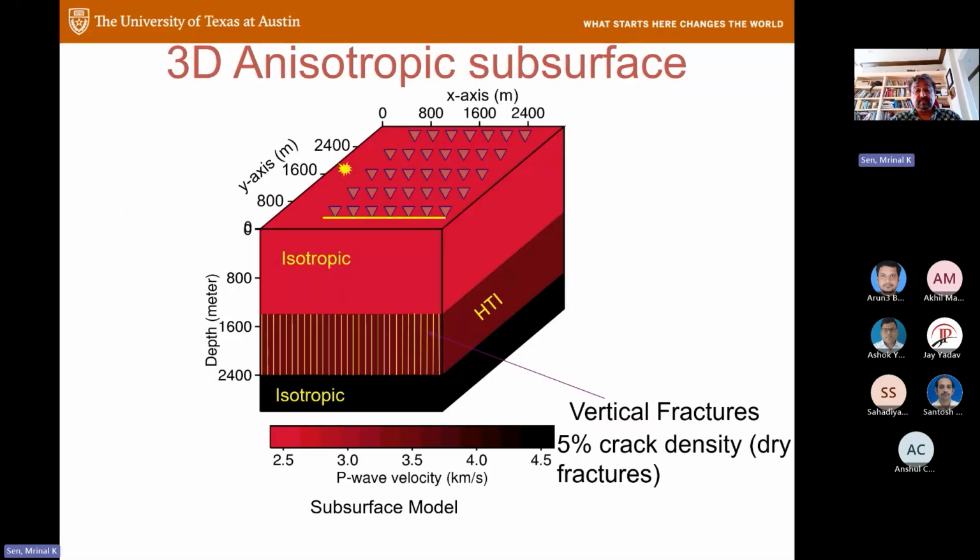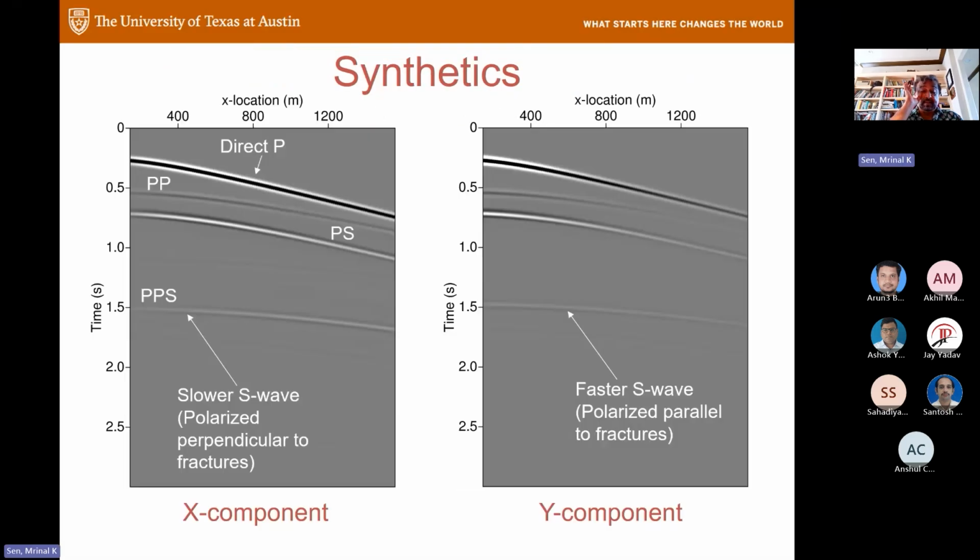And if you look at 3D anisotropic, where we have put in an HTI medium, and this is your isotropic medium. This has a set of vertical fractures with 5% crack density. These are dry fractures. And now I can show you some synthetics. This is your X component for the anisotropic media.